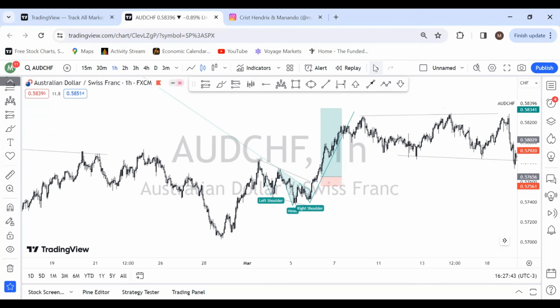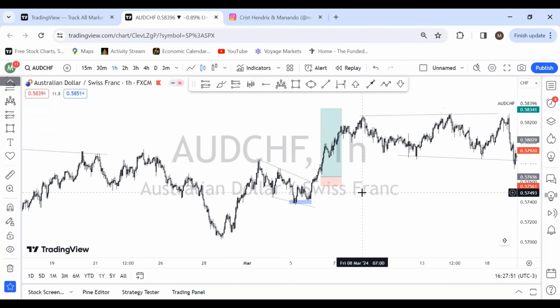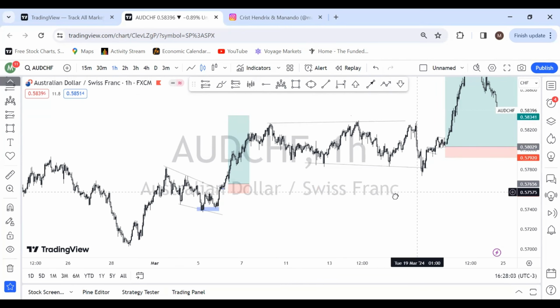Or you could use a double bottom pattern right there. It works, but the whole point of it is having 3 touches, and we do have those 3 touches: first touch, second touch, third touch, you buy. So that's the whole concept of it.